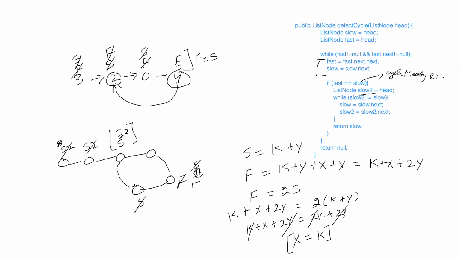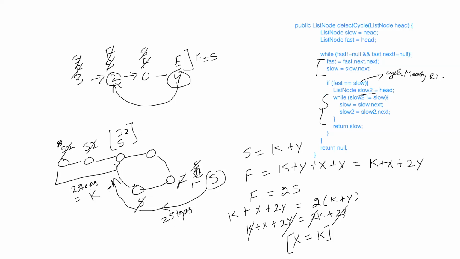And if you see how much distance slow 2 took, in step terms, it took 2 steps. But 2 steps equivalent to x. Oh, sorry, k, in our case. So when we started this inner while loop, the slow pointer was somewhere here, at a meeting point. So slow also took 2 steps, if you see.